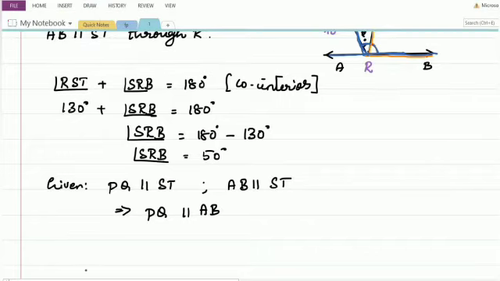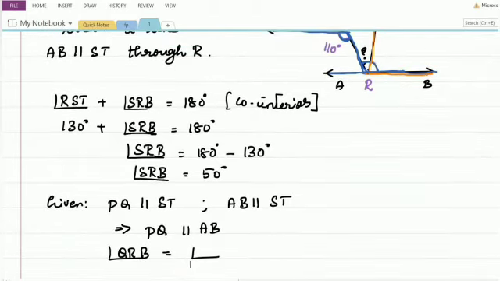So since PQ is parallel to AB, consider the line QR as the transversal. So angle QRB will be equal to angle PQR. So I know that PQR is 110 degree.